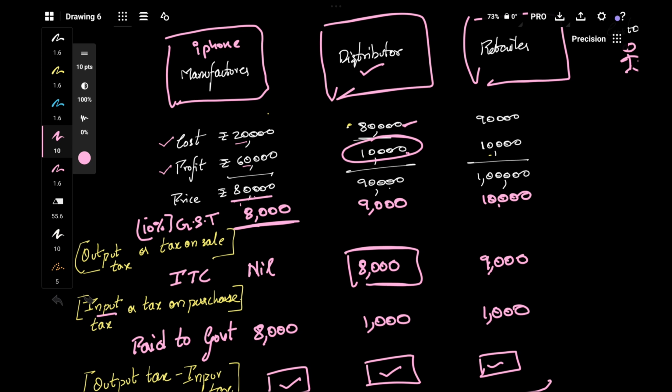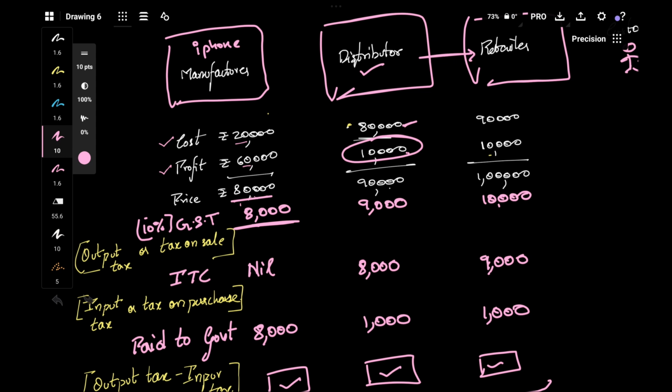Whatever tax you have paid on your purchases, I'll give that amount as input tax credit. When you sell that good to some other person in future, at that time whatever tax you have to pay to me, in that you can reduce this 8,000. That's what the government told.